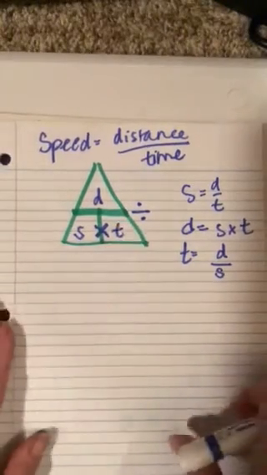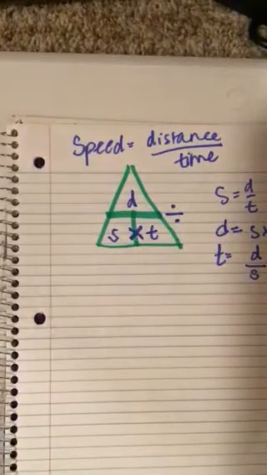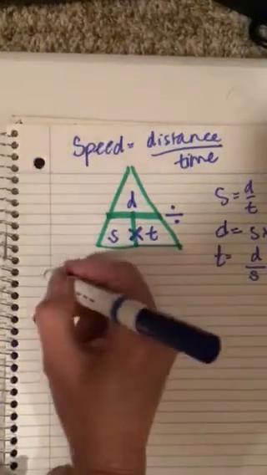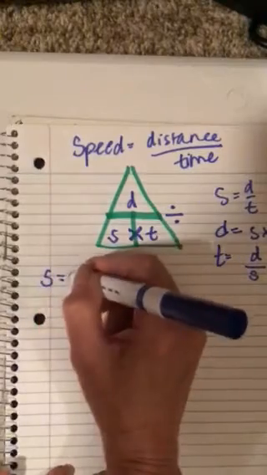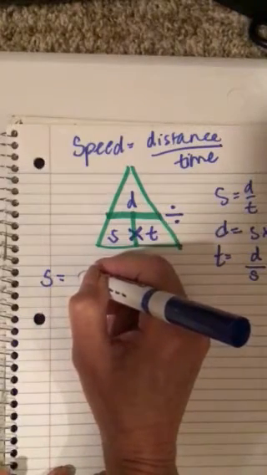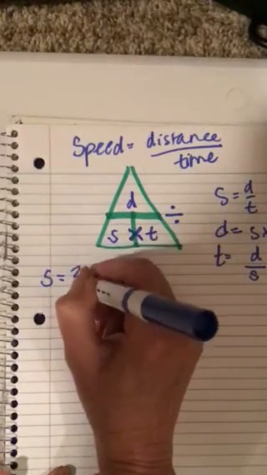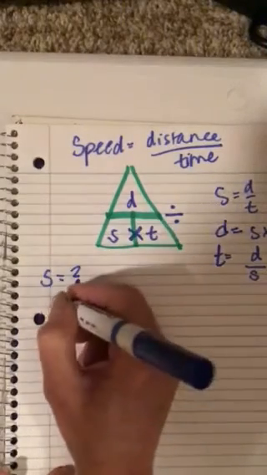Alright, so we're going to try a couple of problems. I have one here. It says the car traveled 125 kilometers in 2 hours. So we're looking for speed. What is the speed?